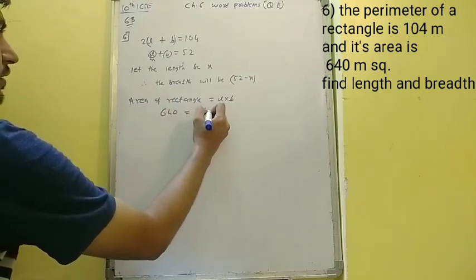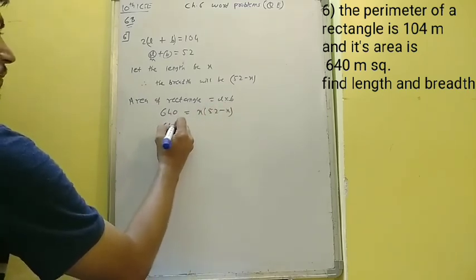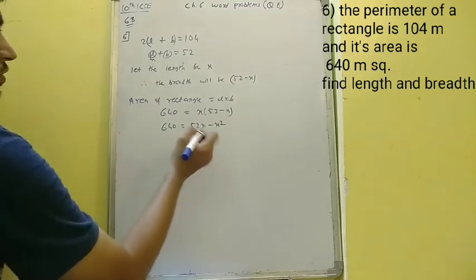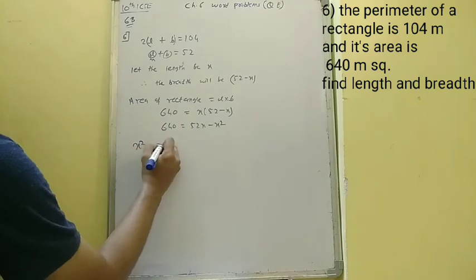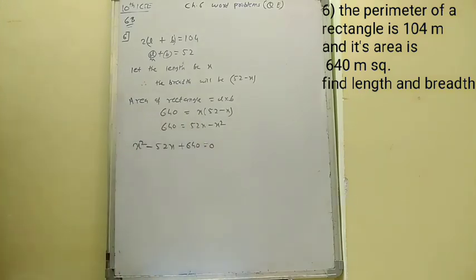Length is x and breadth is 52 minus x. So when we open the bracket, it is 52x minus x square. So I will bring everything this side. Minus x square will become plus x square. x square minus 52x plus 640 is equal to 0.